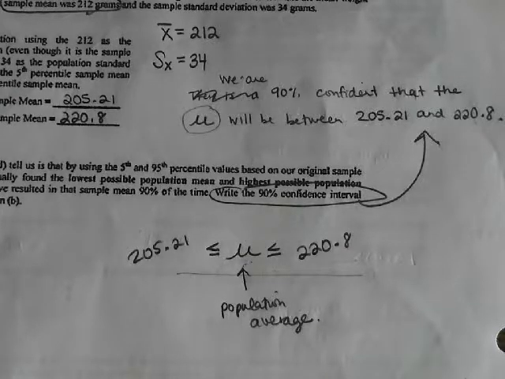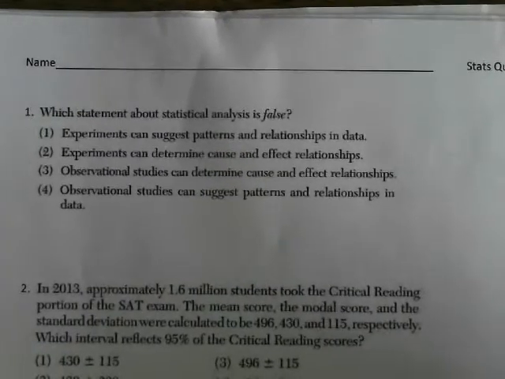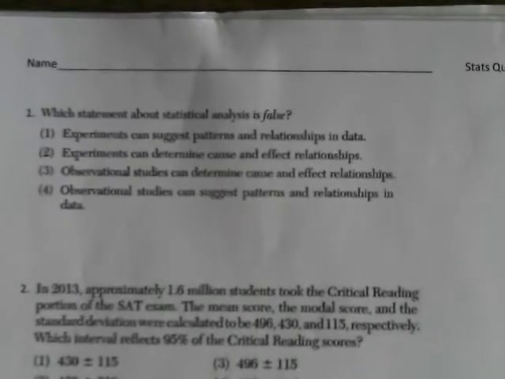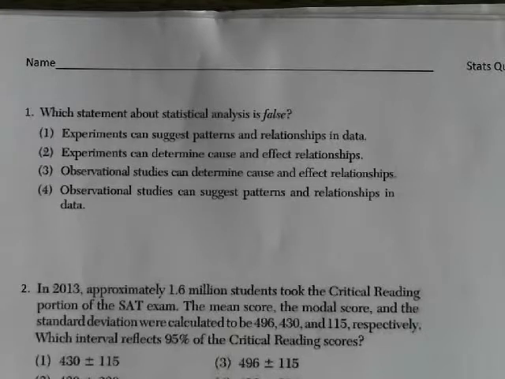All right, so with the rest of the time today, just a couple more minutes, everyone's taken their quiz, so I'm going to talk about these quizzes and the 4 questions that were on here. What statement about statistical analysis is false, which suggests that 3 of these are true and 1 is false.